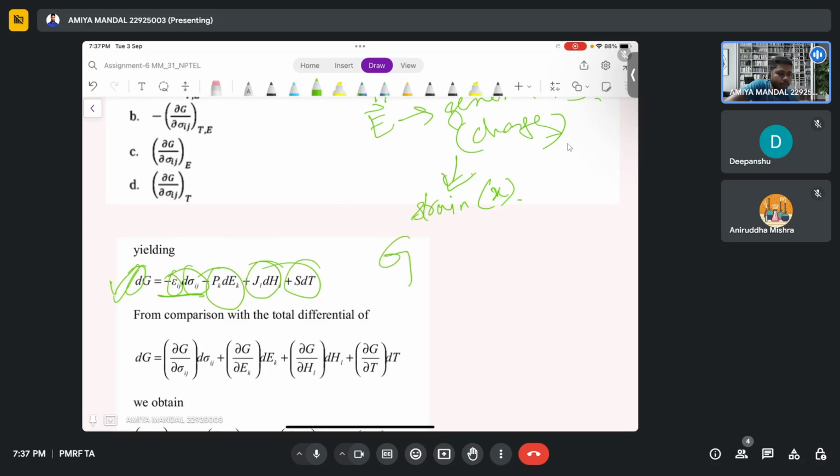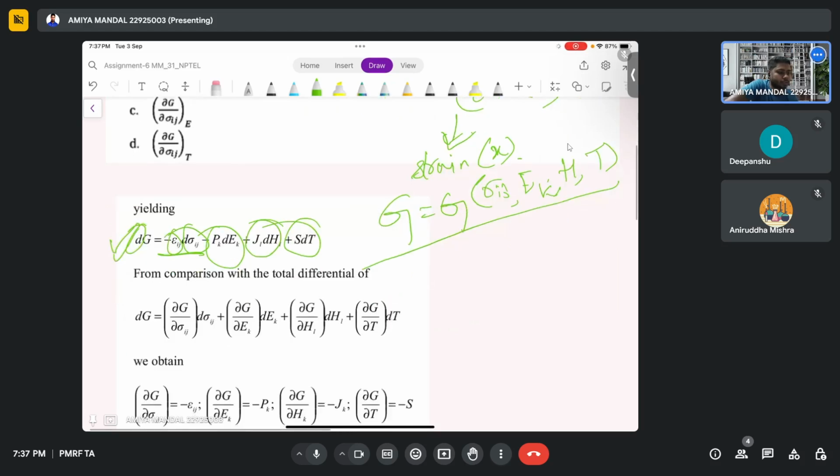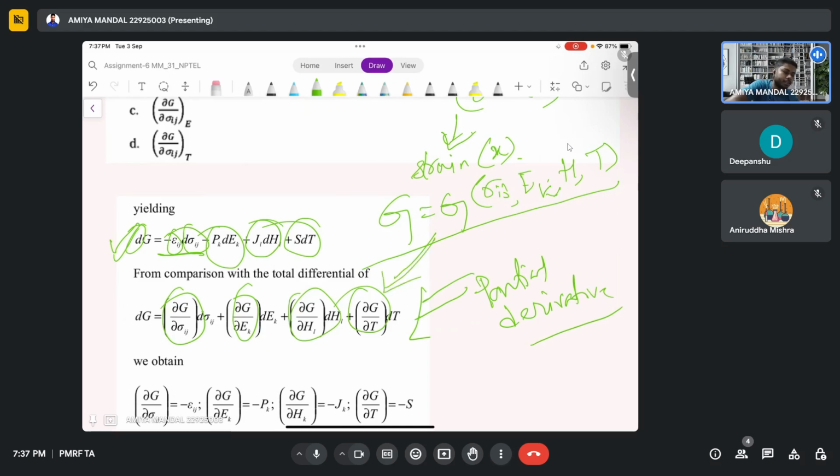So G is a function of sigma ij, E, T. On the basis of this concept, the partial derivative of G gives this.